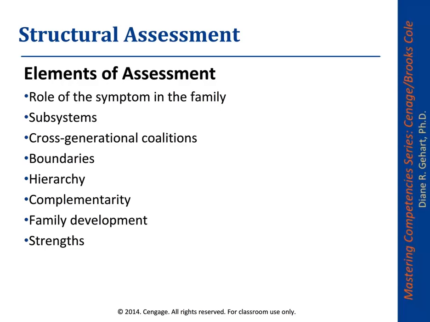As part of this assessment, they're looking at the subsystems. If it's a two-parent family, there are always going to be at least three subsystems, if not more. The two most important ones to distinguish are the couple subsystem, or marital subsystem, and the parental subsystem.